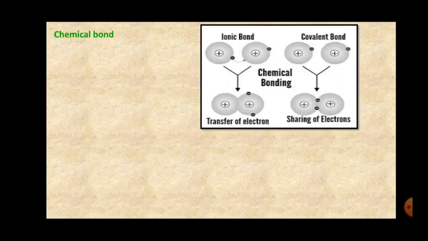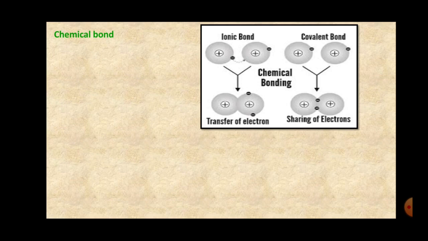Now we will study about the chemical bond. In lesson number 5, inside the atom, we had studied about the electronic configuration and valency of the element, and the valency electrons which are present in the outermost orbit of the atom. In the same lesson, we also studied that the noble gases do not form any chemical bond. Why?